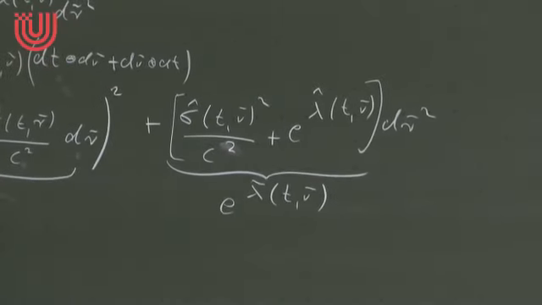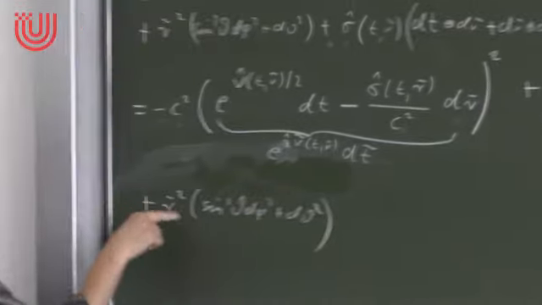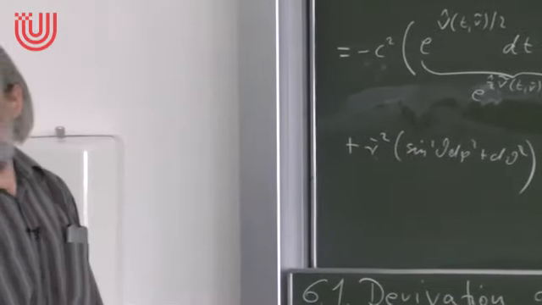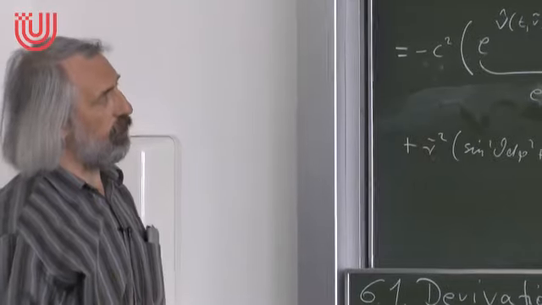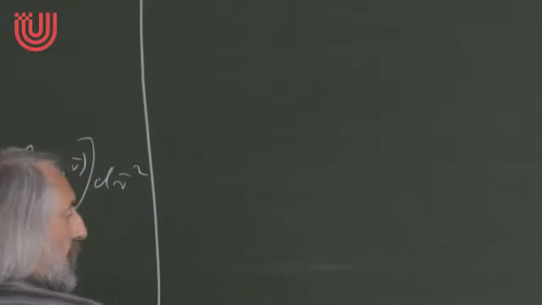And now you see that we have achieved two goals. First of all, this factor has been simplified, and second, the cross term has vanished. We have no longer any cross terms. So you can kill the cross terms by an appropriate coordinate transformation. That will be the form of the metric with which we work now.